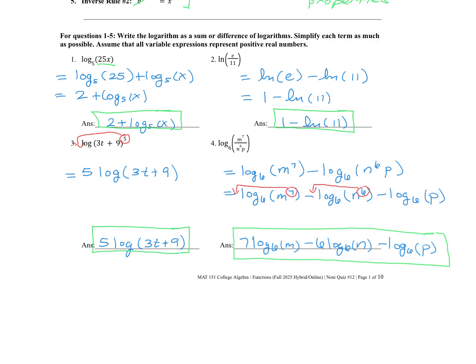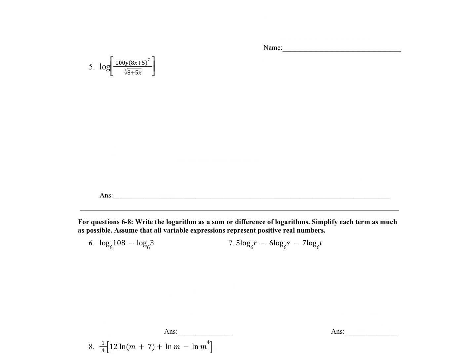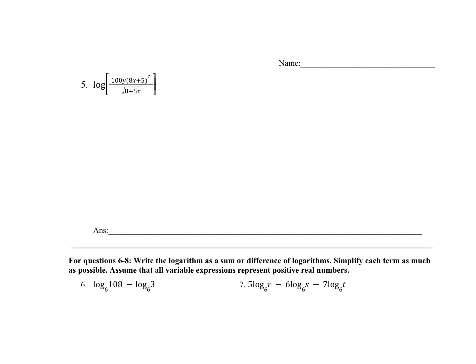So let's move on to the second page, and the second page has us looking at a very complicated problem. We want to simplify the logarithm with a whole bunch of multiplication, division, and a radical. The first thing you want to do in this problem is break it apart using the division rule.